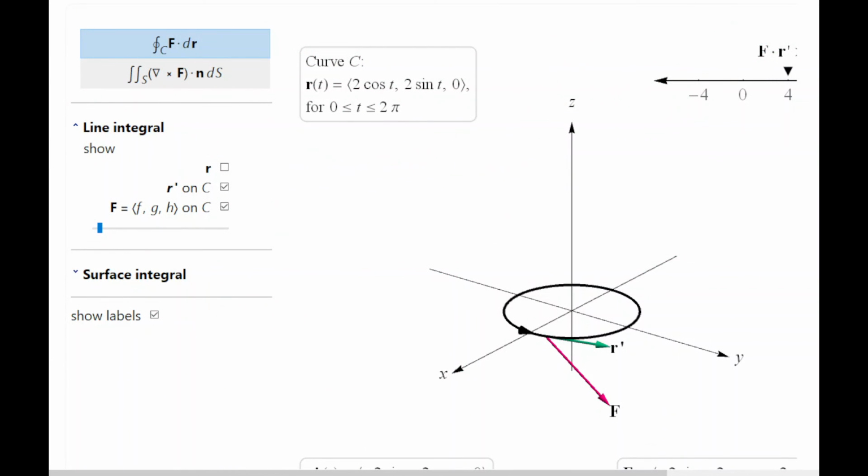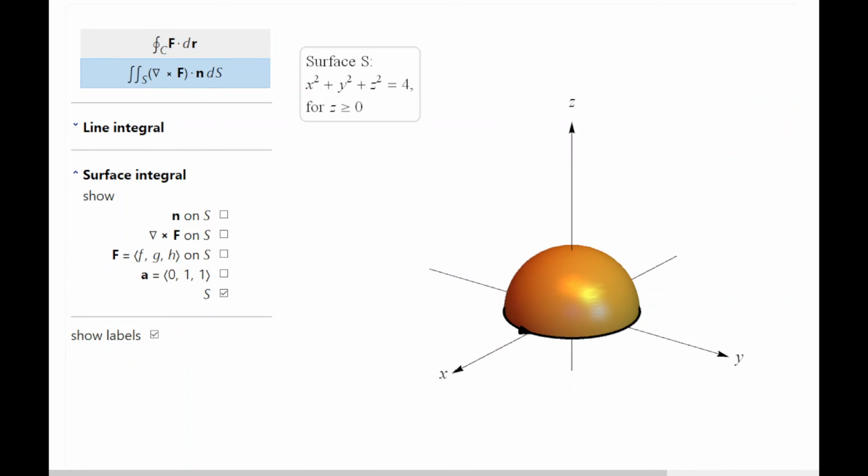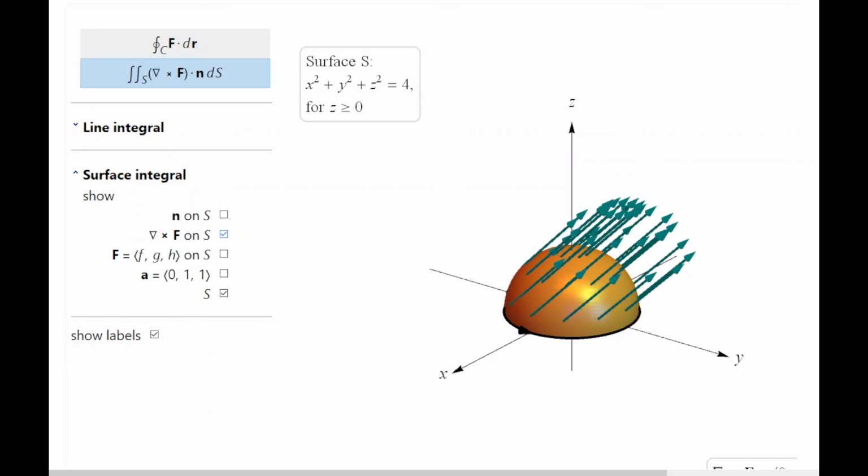And here is the pictorial summary of the example that we just did. You could see that we, on the one hand, computed this vector line integral of the vector field F along this curve C, okay? That was one integral we did. And then we also showed that we get the same answer if we compute the surface integral of the vector field, the curl, okay?